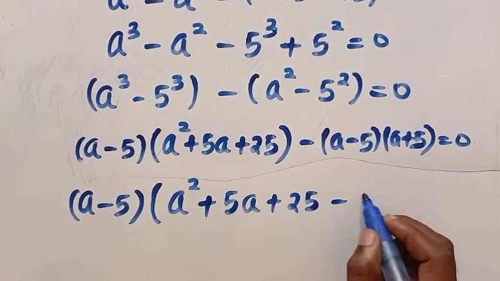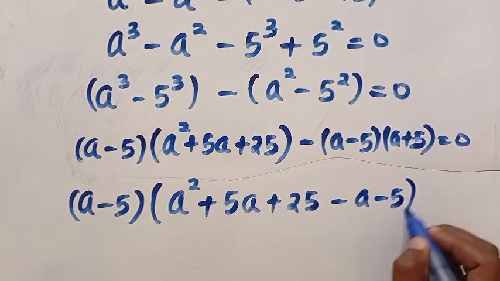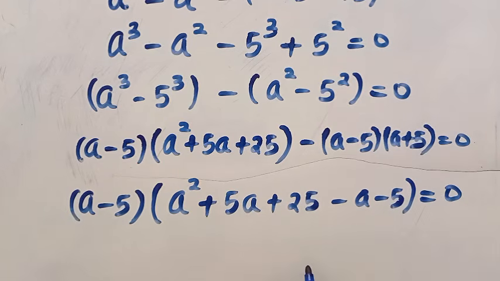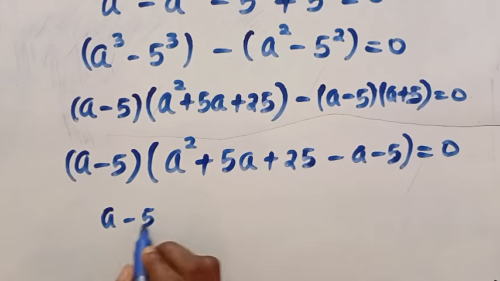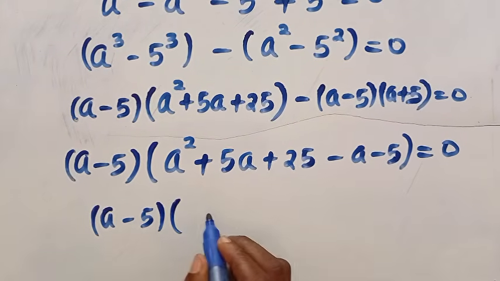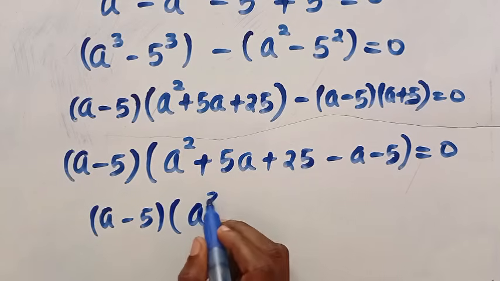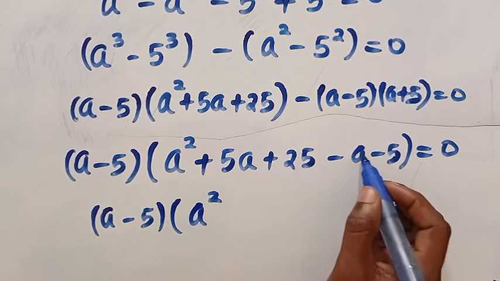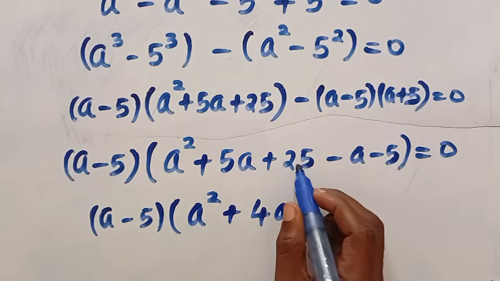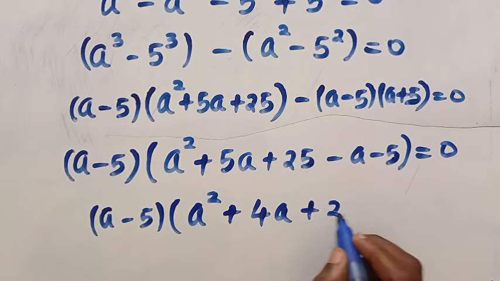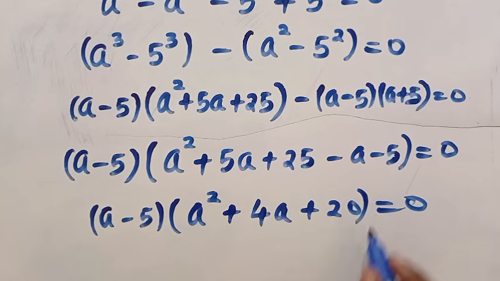Then here is minus A minus 5 equals 0. So next, we have A minus 5, open bracket, this is A squared alone. 5A minus A gives us plus 4A. 25 minus 5 gives us 20 equals 0.